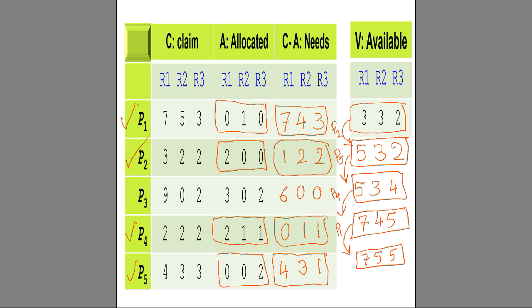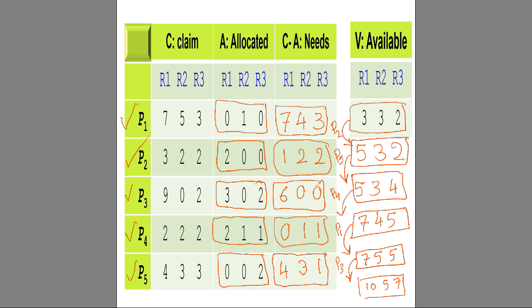Apparently we have more than what it needs, so if we let it run, we will give it the 6, 0, 0 that it needs, and after it completes, it's going to release those 6, 0, 0 plus the 3, 0, 2, so we end up with the following when P3 completes. If we add 3, 0, 2 extra, we end up with 10, 5, 7, and P3 has completed.